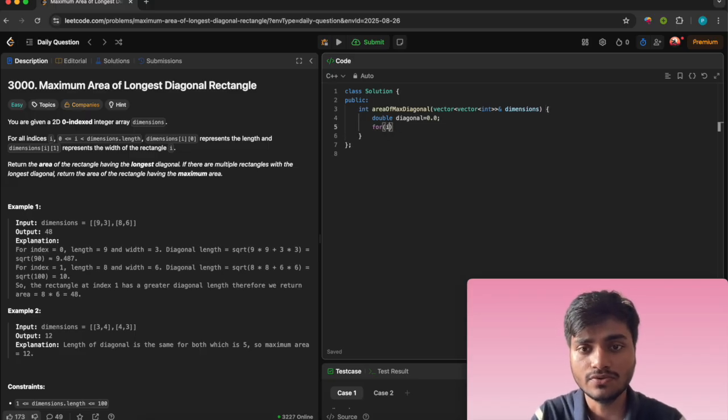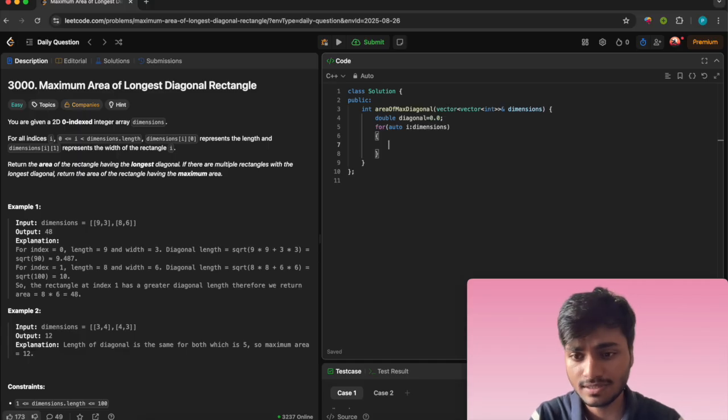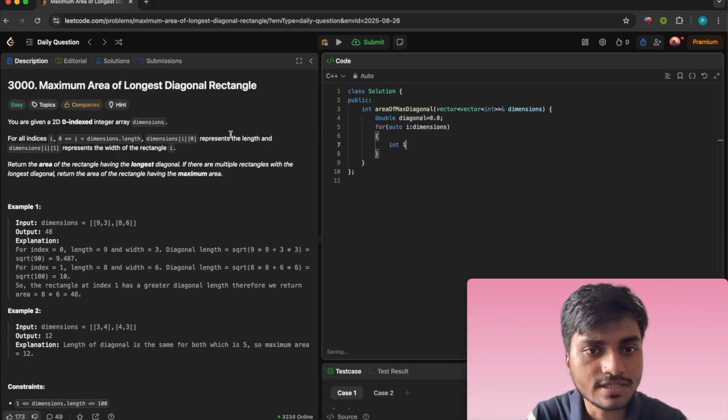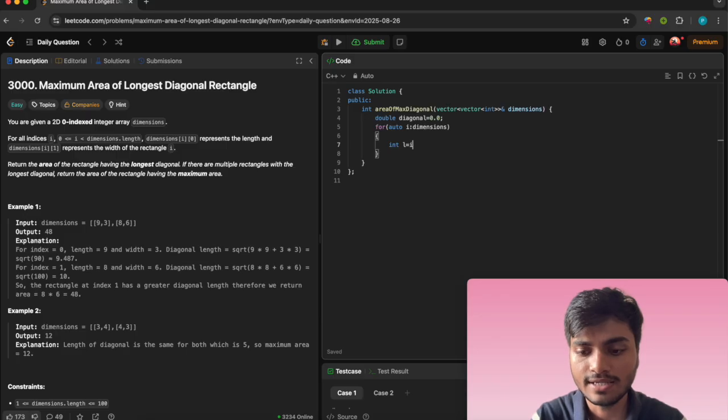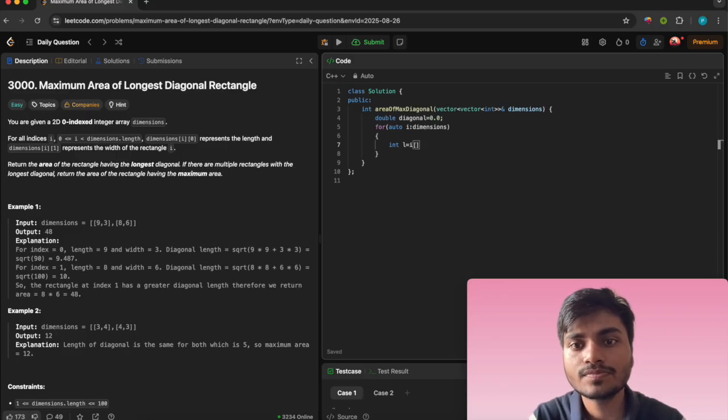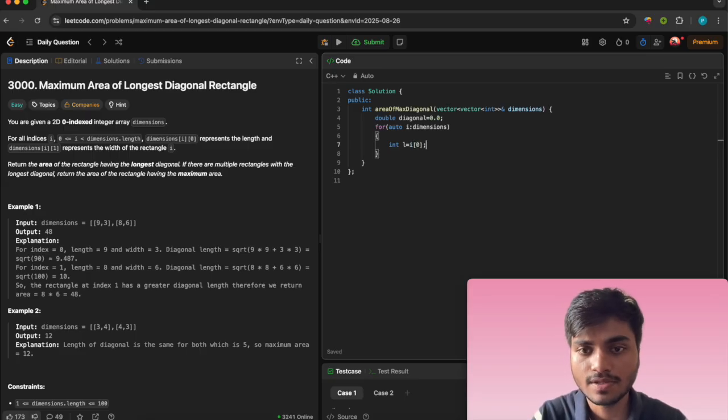Moving through the dimensions, length will be I of 0, and if I consider width as W, then I of 1 will be your width.